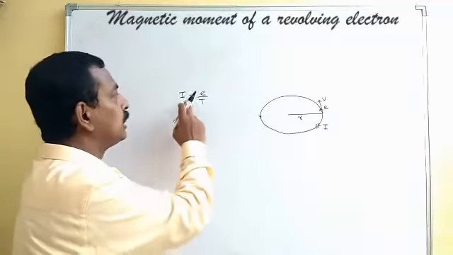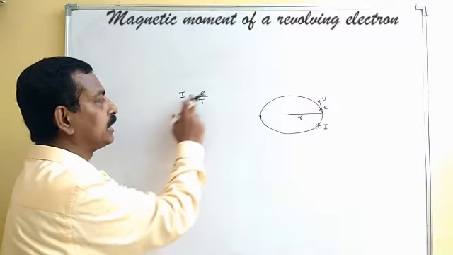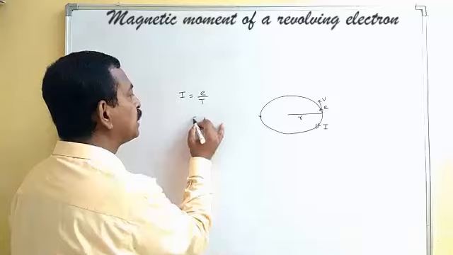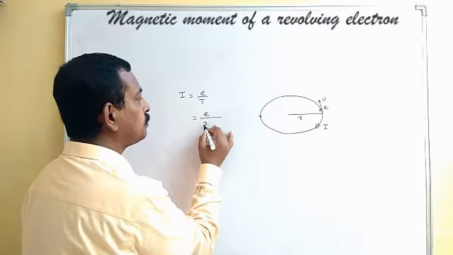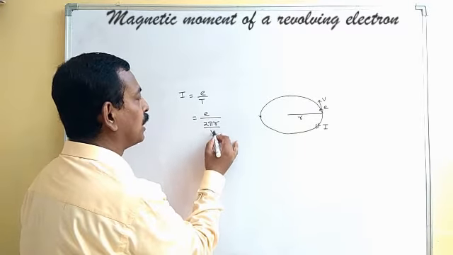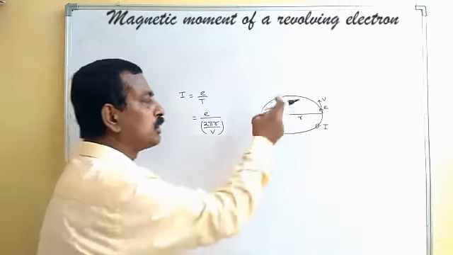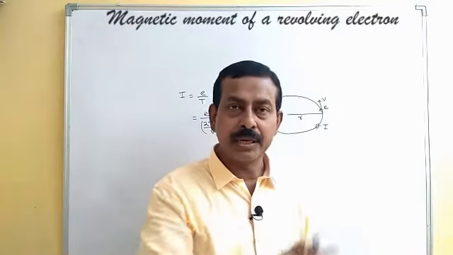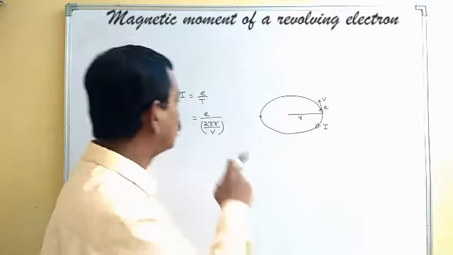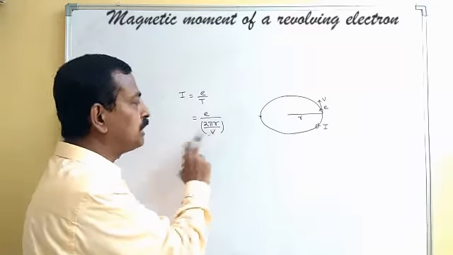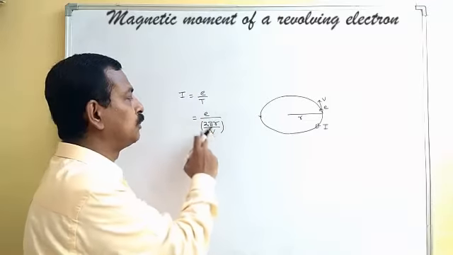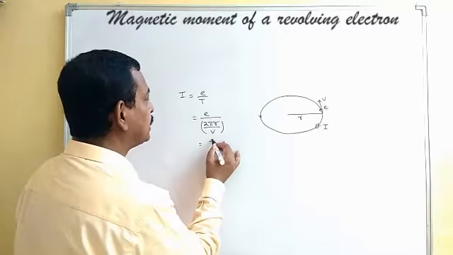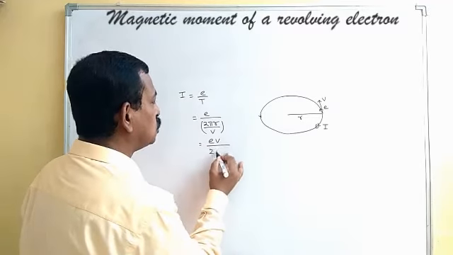So here, if I consider the current associated as the charge divided by the time period of revolution, this we can write as e by 2 pi r by v. Because if I take the radius as r, the length of the loop will be equal to 2 pi r, and if your speed is v, the time period will be 2 pi r by v. So this we can write as e v by 2 pi r.